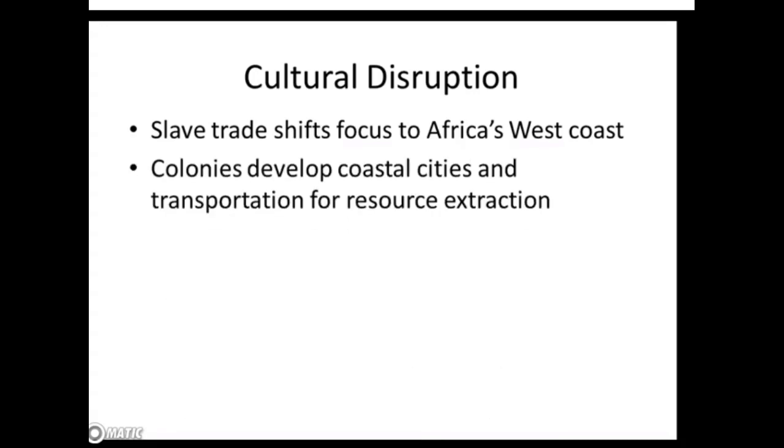And later colonies developed along coastal cities, and transportation systems were established for the extraction of resources. Again, something that did not benefit the indigenous peoples of Africa, but rather were designed to support the colonial powers in their economic systems.